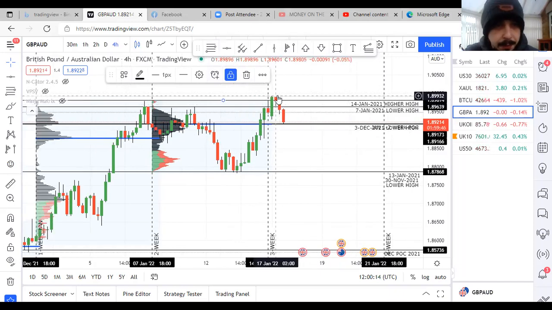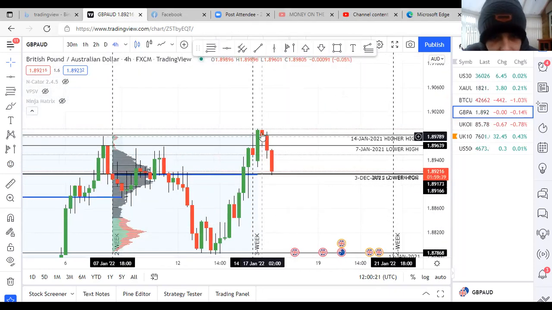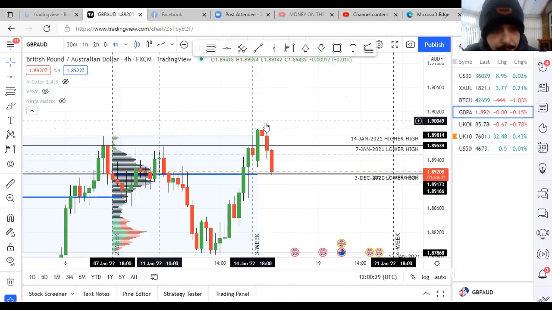It looks like it's taking a turn. Money on the table says we've had a green wick with no red. It's not for me. Money on the table says we're going to have a push in the downward direction. Confirmation.